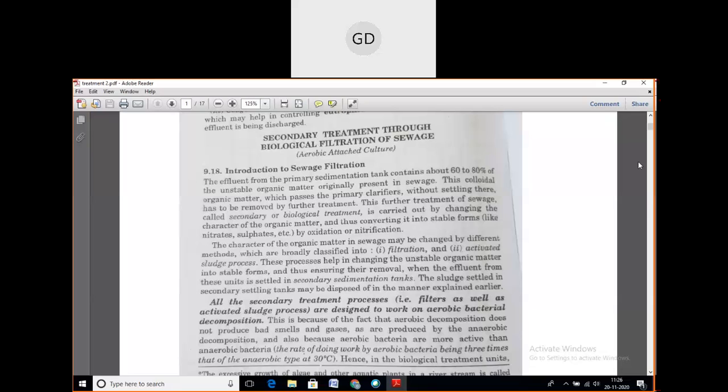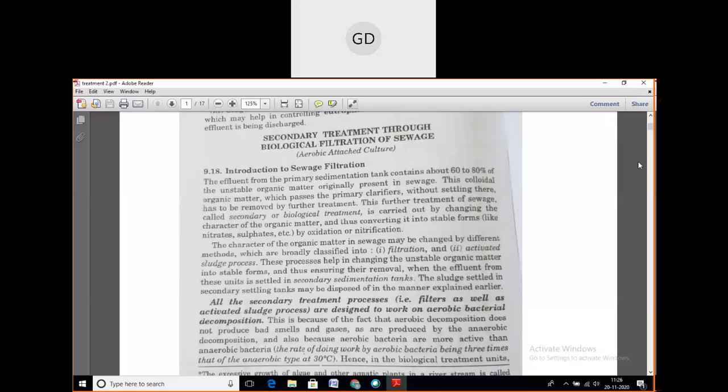The bad smell and gases are produced by anaerobic decomposition. Also, aerobic bacteria are more active than anaerobic bacteria, and everyone is always interested in the active ones.